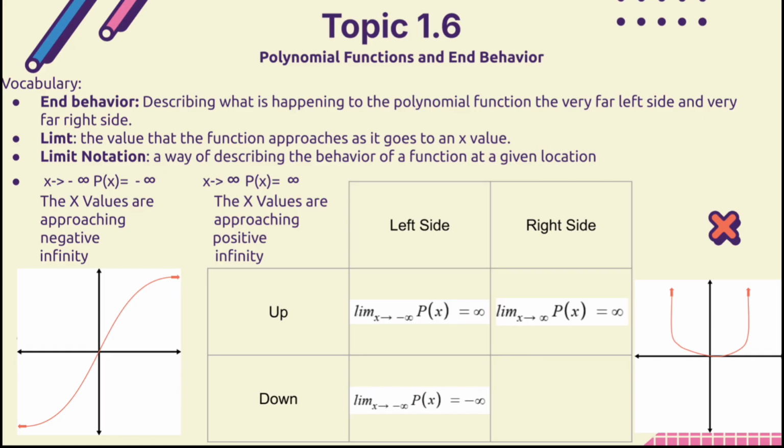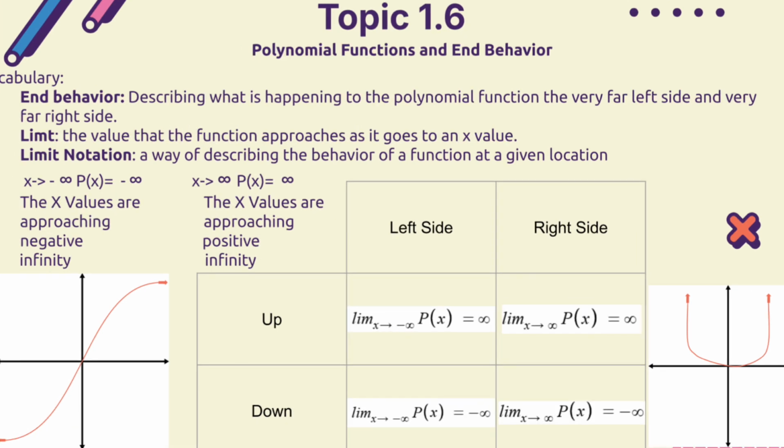Going down to the left side, our limit is as x approaches negative infinity, p of x equals negative infinity, our y value. Right side, going down, the limit as x approaches positive infinity, p of x equals negative infinity.